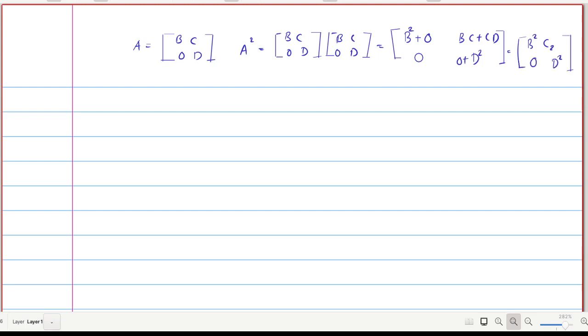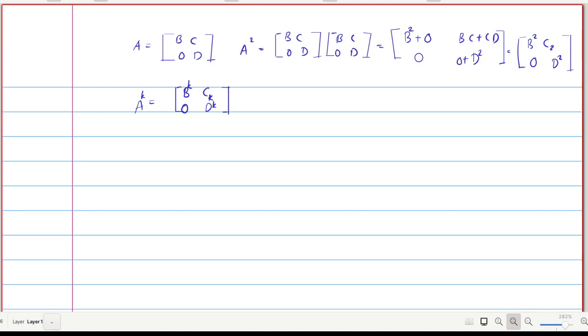Similarly, you can consider A raised to 3, A raised to 4, etc. In general, A raised to K can be written as the matrix B raised to K, another matrix CK, which is not the power of C but some other matrix, and 0 here, and D raised to K. So this is the power of A raised to K.